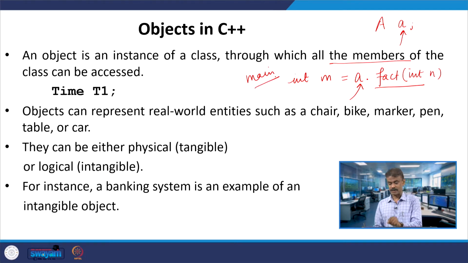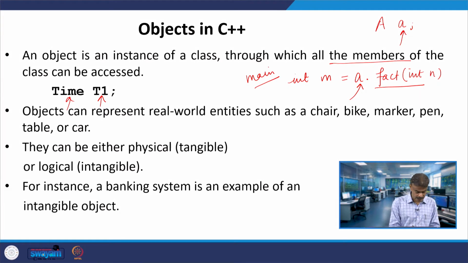So this object A can invoke any members inside the class. For example, time is the class and capital T1 is the object. So, Time T1, if I write, T1 is an object and Time is the class.